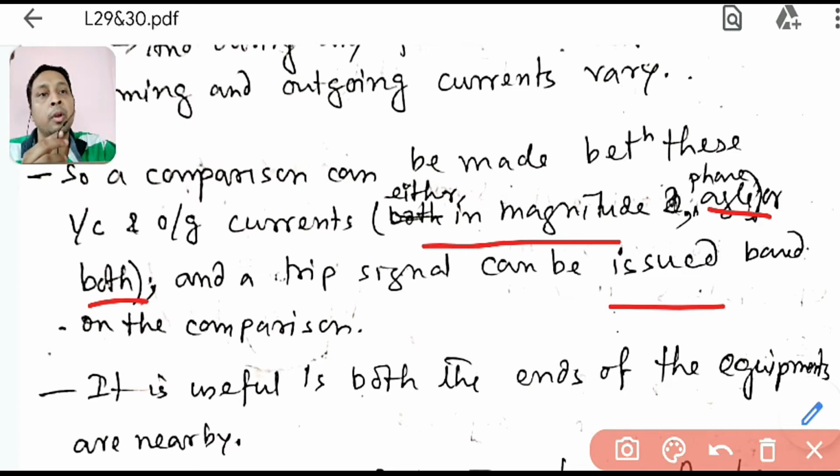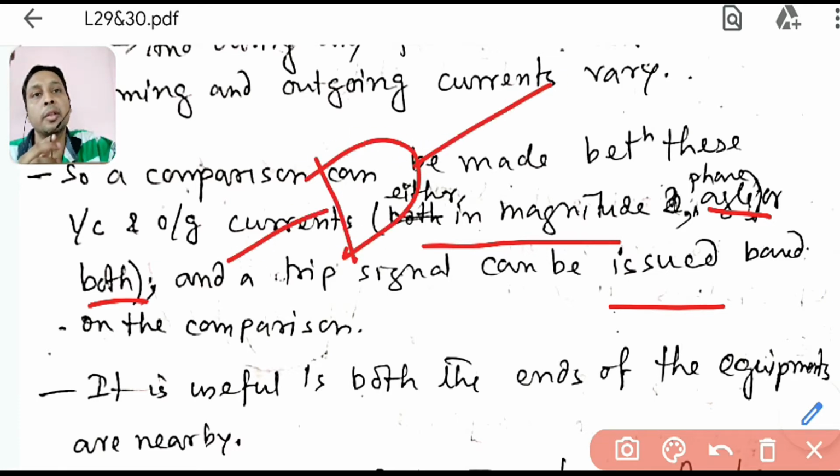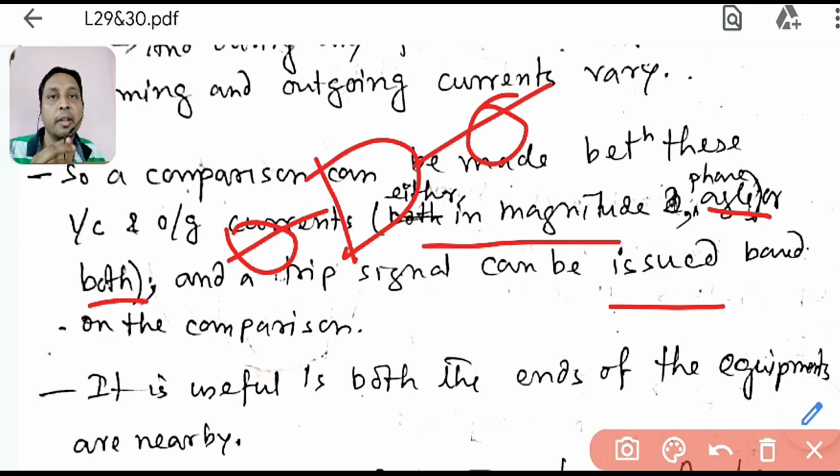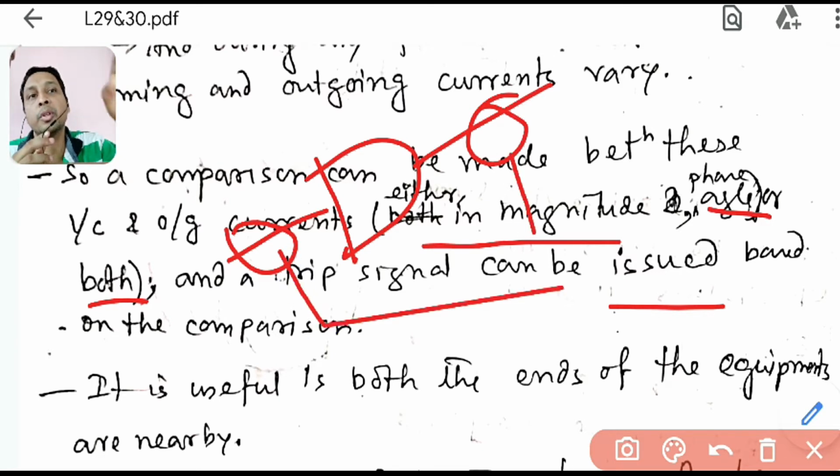One thing has to be kept in mind: the incoming and outgoing end points should be very near to each other. If they are very far, how will you compare the two? So it is useful if both ends are close to each other.